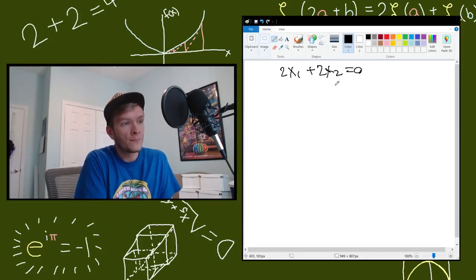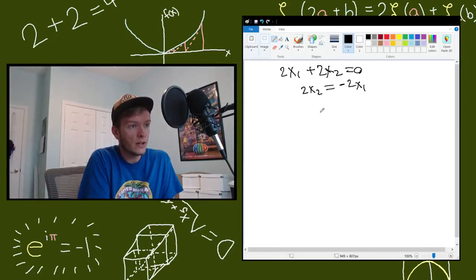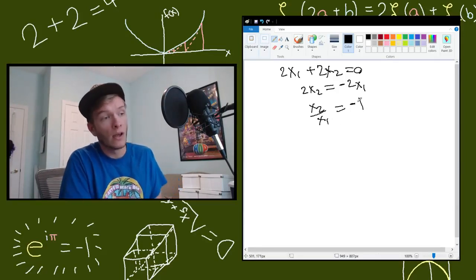And the way we do that is we can move x2 over to one side, and so we're going to have, let's say this, 2x2 is equal to negative 2x1. So that means that if we have x2 over x1, this is going to be equal to negative 1 because it's negative 2 over 2.